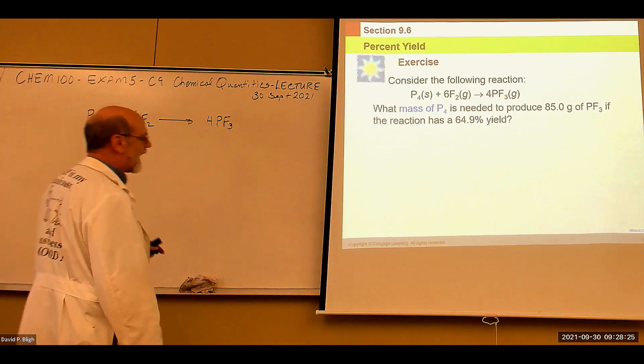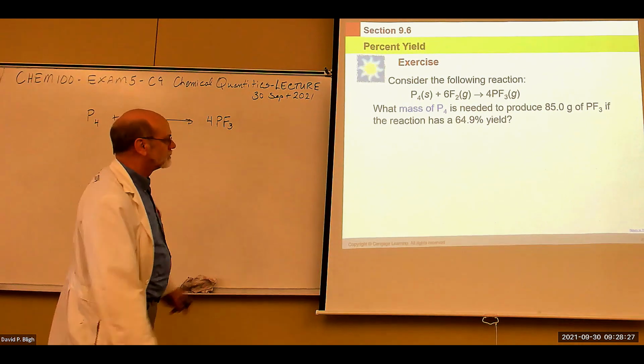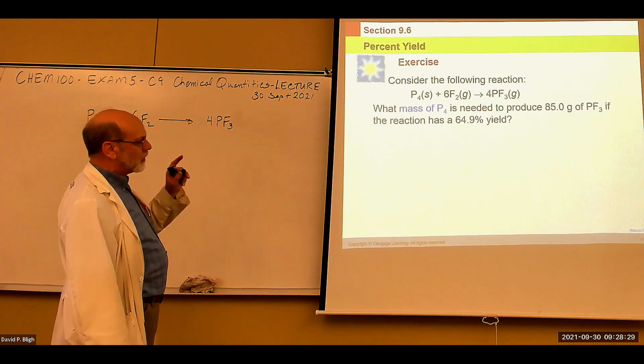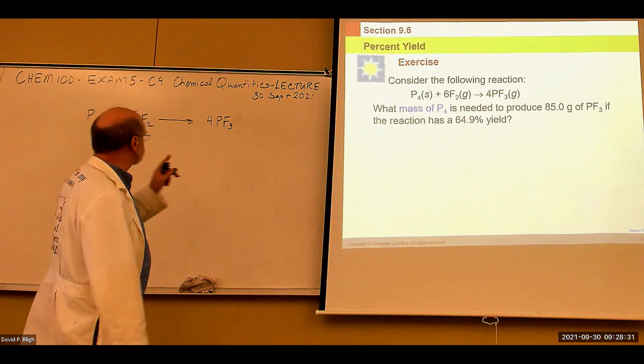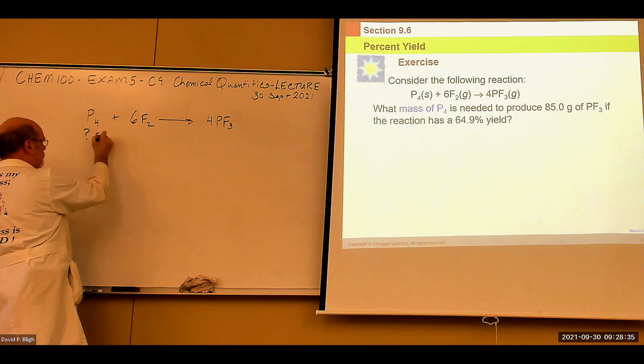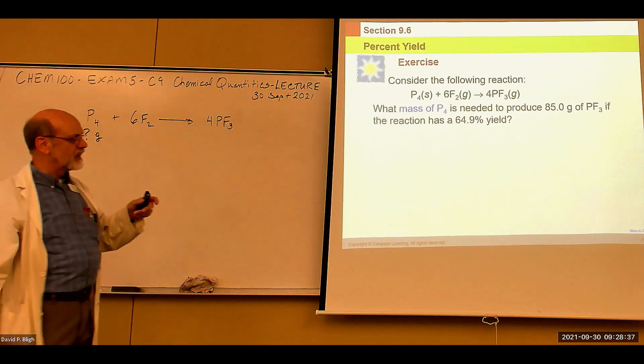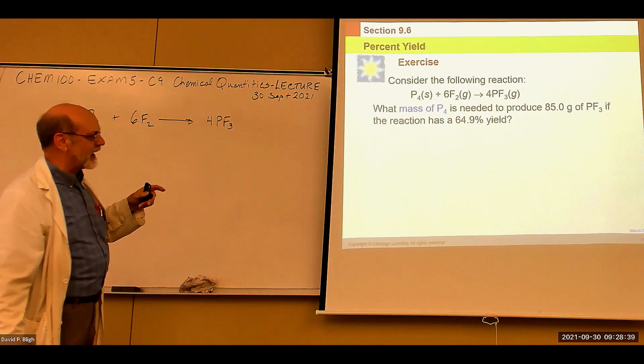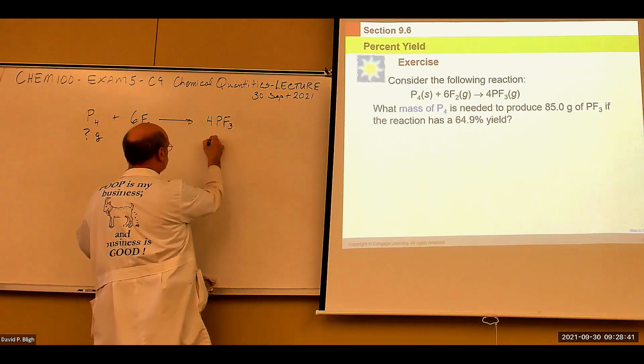We want to know the actual mass of P4 that's needed to produce 85 grams of PF3.